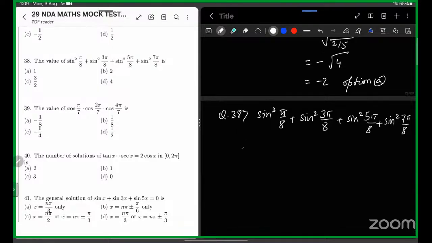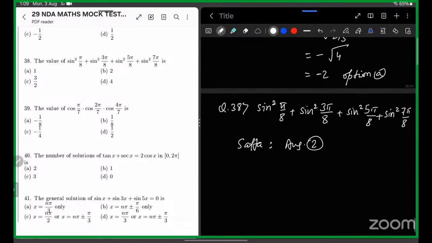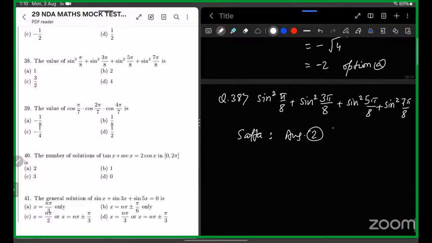Remember it. We are going to get 2 after solving. You can remember it directly: tan square pi by 7, tan square 3 pi by 7, tan square 5 pi by 7 equal to 2. There's a long solution to it, so I'm not going to solve it. Just remember the final answer, that is 2. Option B is your answer.